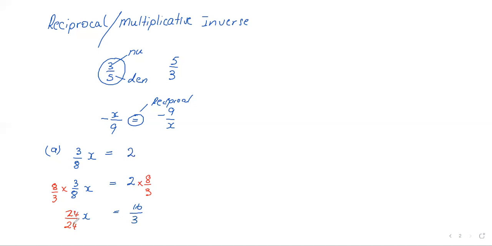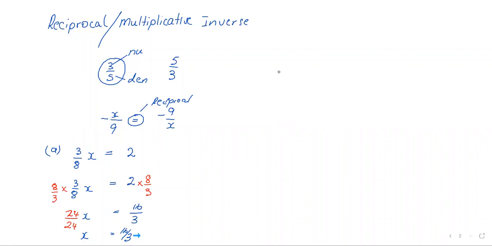A number over itself is a 1. So x will equal 16 over 3. That is your x.